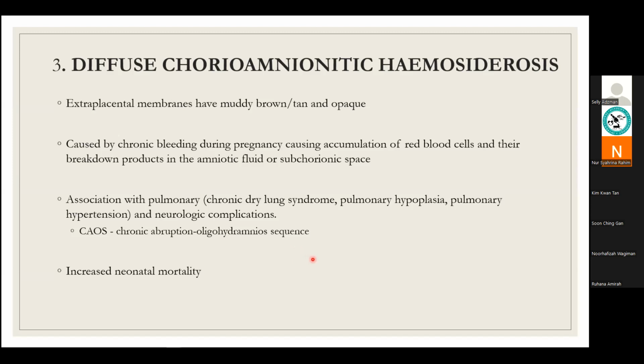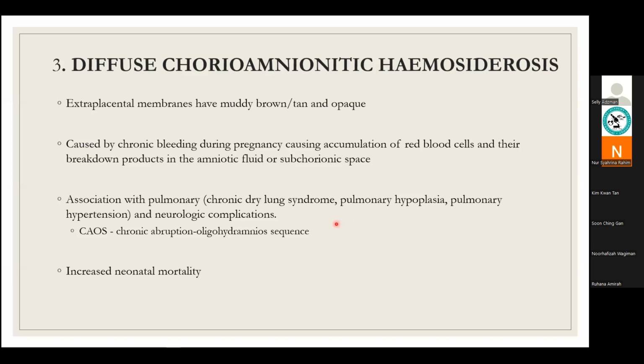So because of the oligohydramnios, the baby will develop, because the liquor will help the baby to develop the lung. The baby swallowing the liquor actually helps the lungs to mature.